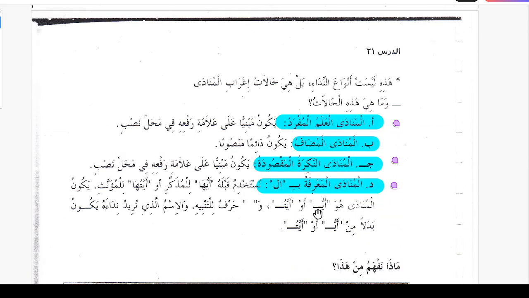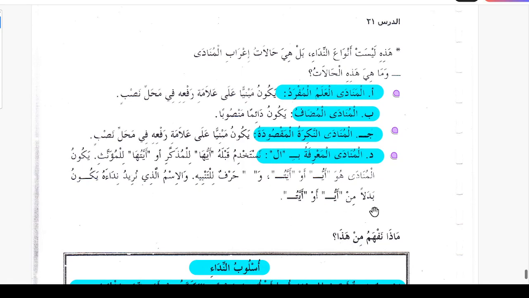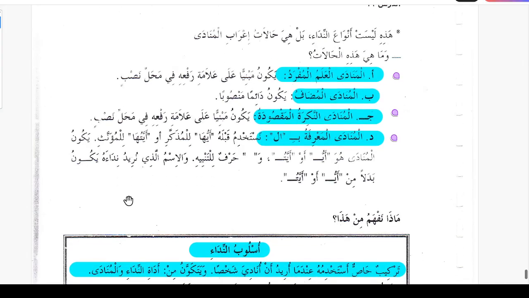Yakunul munada huwa ayyu or ayyatu. So in ayyuha or ayyatuha, ayyu is the munada, masculine or feminine, and ha is called harfu litambi, wal ismu allazi nuridu nadahu, and the ism is the noun that we want to call. Yakunu badlan min ayyu or ayyatu, that is the substitute for ayyu or ayyatu.